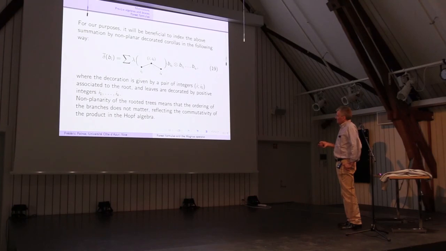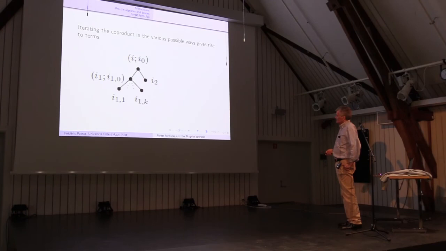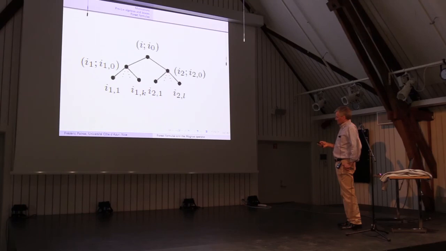Now, if I iterate the coproduct, so for example, if I iterate the coproduct at the level of I1, I will get a tree now of depth 2. If I iterate the coproduct simultaneously on I1 and I2, I will get trees of these forms.